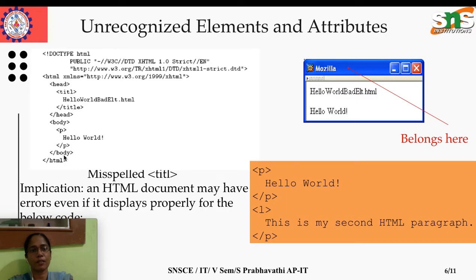In this example, the program uses strict XHTML version 1.0, and this is the root element HTML. For XHTML, this is the standard: the root element has to specify the namespace attribute.